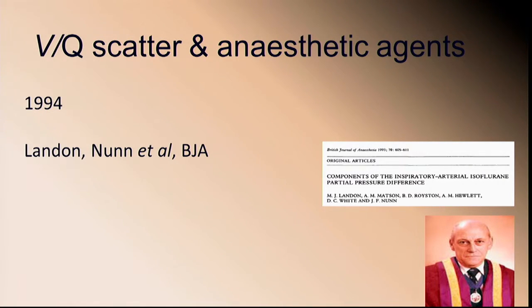Now, in fact, John Nunn's group in 1994 published what I think is one of the classic papers in respiratory anaesthesia physiology. They actually wanted to look at the partial pressure cascade for isoflurane.